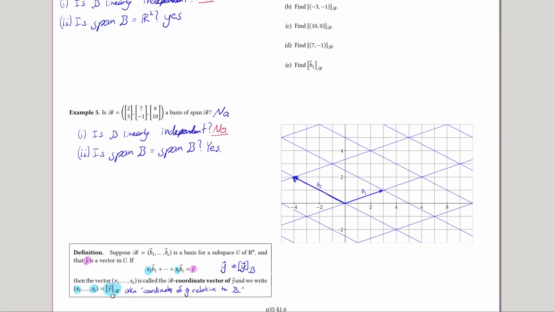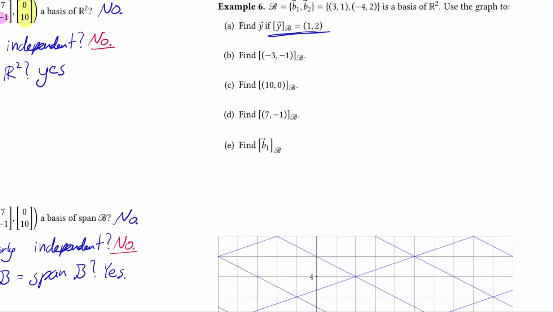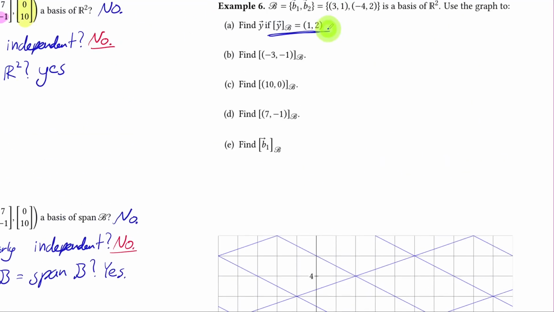The b coordinates of y are the coefficients of the basis vectors that get you y. Oh, okay. So according to that, if you do 1 times b1 plus 2 times b2, you should get y.